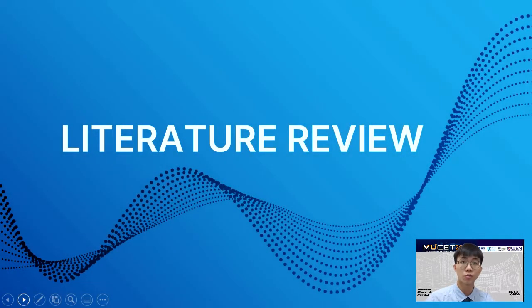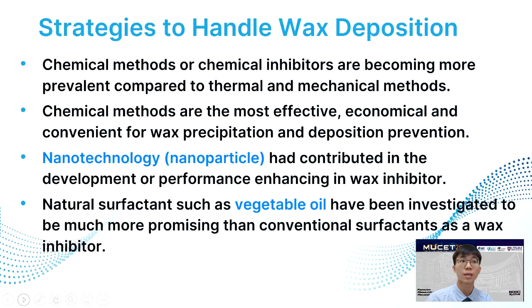For the literature review of the project, there are many strategies to handle wax deposition. However, chemical methods or chemical inhibitors are becoming more prevalent compared to the thermal and mechanical methods. This is because the chemical methods are more effective and economical.